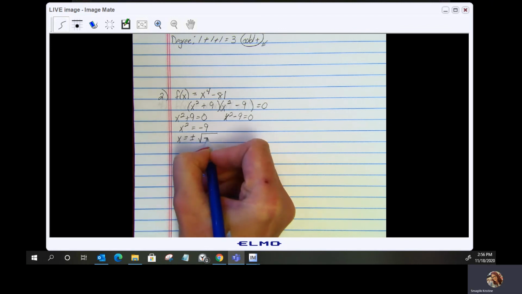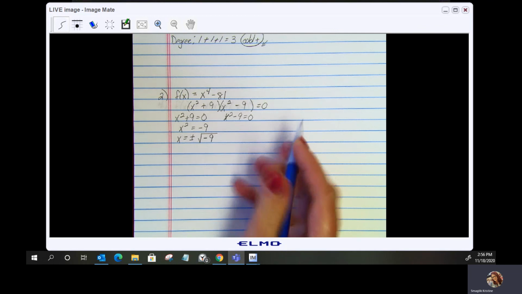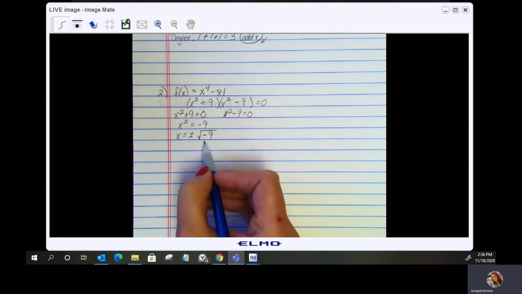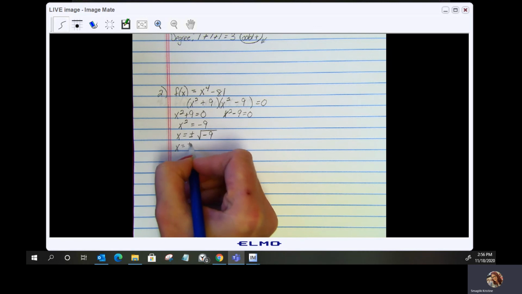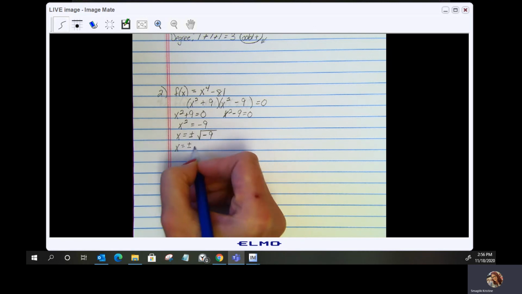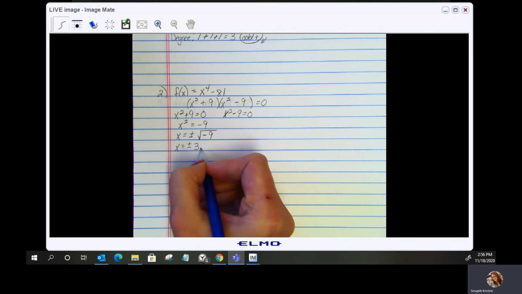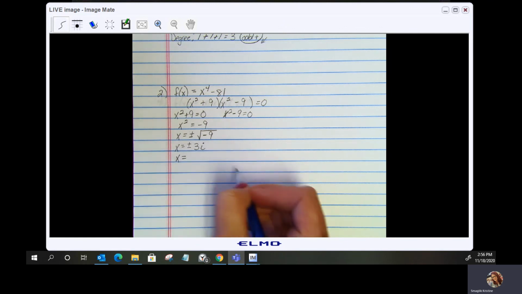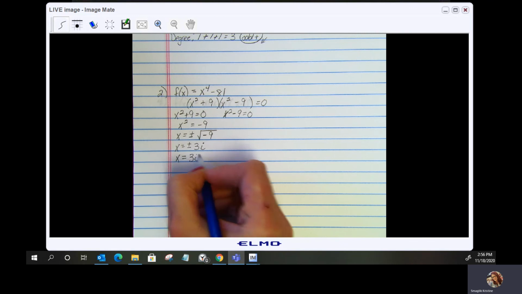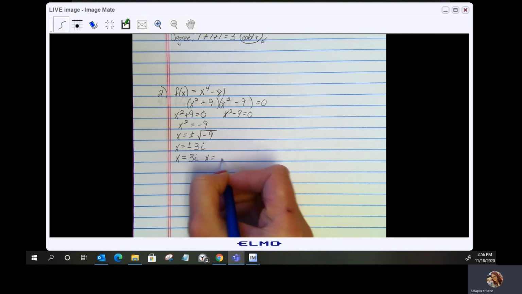I get plus minus the square root of -9. Whenever you have a negative number underneath the radical, that means you have a complex solution. So that's going to come out as the imaginary unit i. So this breaks down to x equals plus or minus the square root of 9, which is 3, times the square root of -1, which is i. So here's 2 of my 4 solutions. x equals positive 3i and x equals negative 3i.